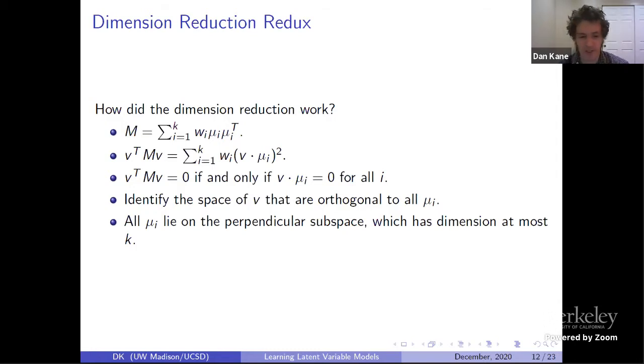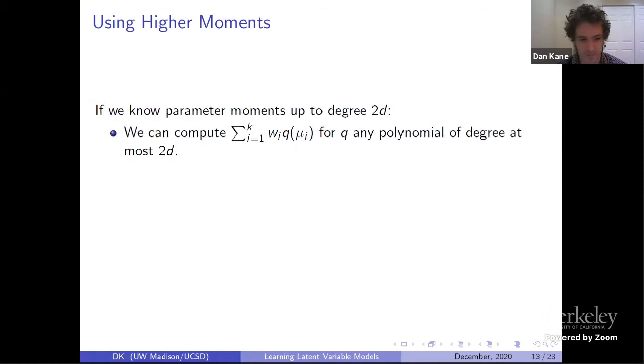What this will allow us to do is, if you look at the subspace of v's for which this holds, then this will give us a big subspace of v that are orthogonal to all of the mu's. In particular, this is exactly the subspace of v's that are orthogonal to all the mu's. It'll be a codimension k subspace because we're only imposing k linear conditions on it. And then if you look at the subspace orthogonal to that, you'll get a k-dimensional subspace which contains all of the means mu. And so once again, we have this dimension reduction idea. But this formulation is maybe a little easier to generalize.